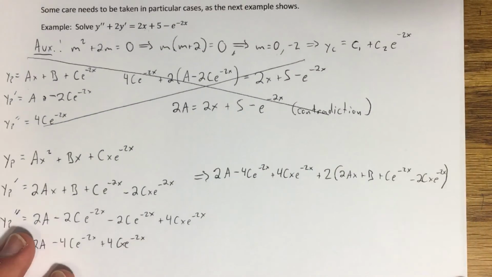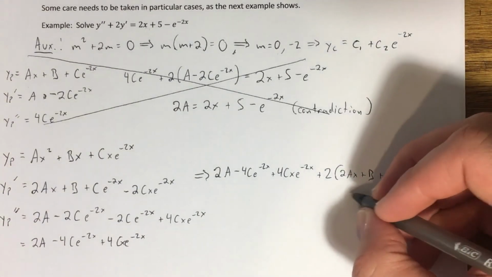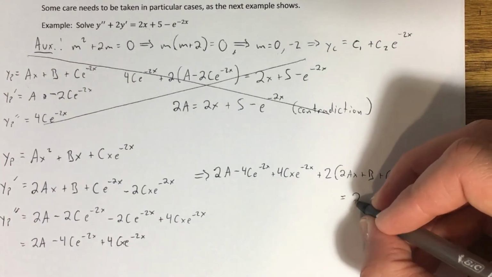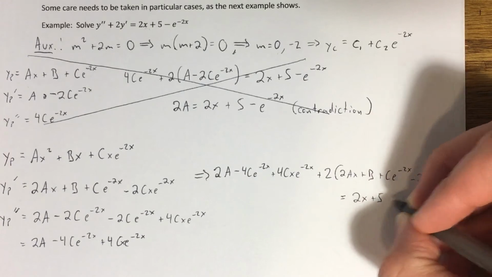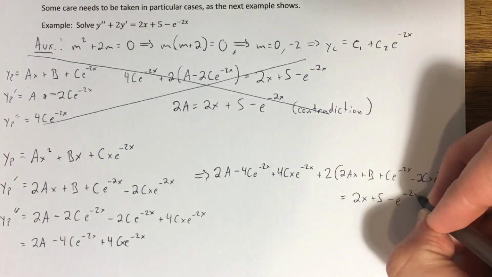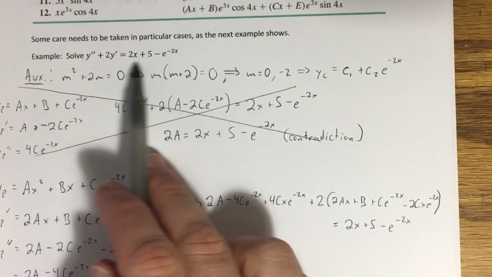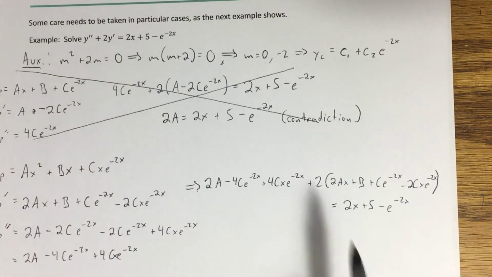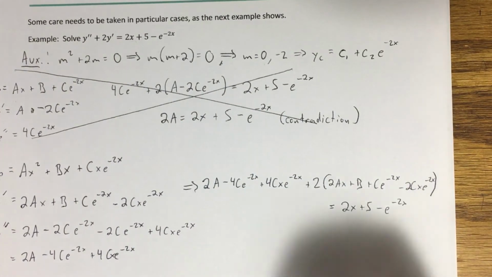Yikes, got really short on space there. And that should be equal to 2x plus 5 minus e to the negative 2x. That's my g of x from right here. Okay, simplify as much as possible.